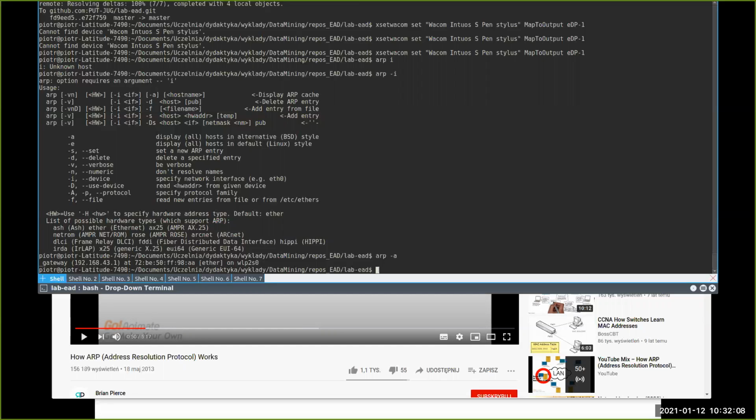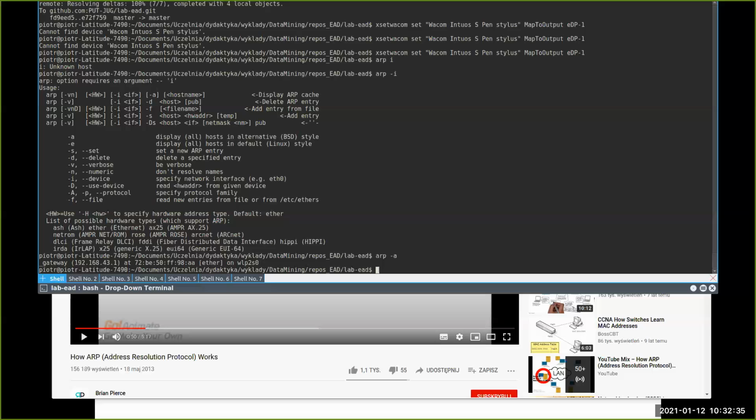Conversely, when a new node is connected to the network, it broadcasts using ARP the information that, okay, I'm a new node, my IP address is this and my MAC address is that. So the other nodes are able to store or cache it.